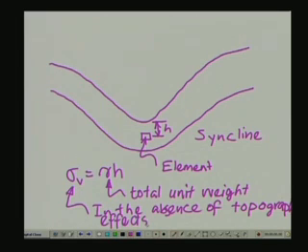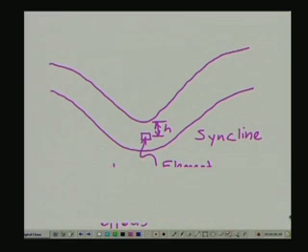Now, what happens because of topography is as follows.